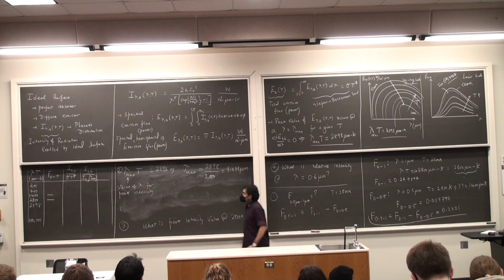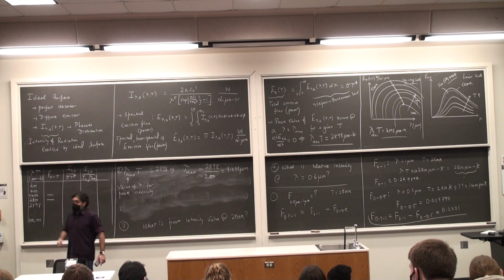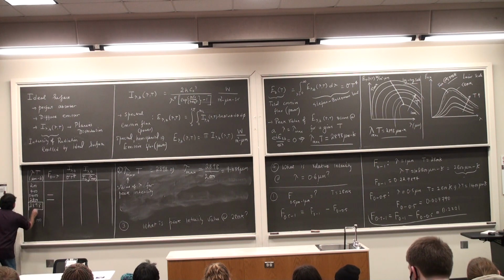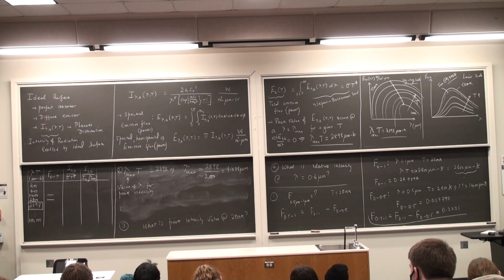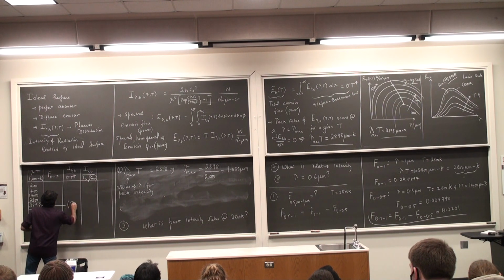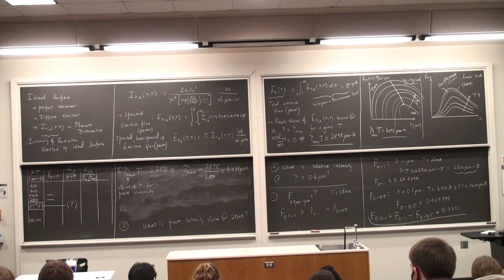Or you go to the tables and you see, okay, I need to find out I lambda comma B at lambda max. So this value is already denoted in the tables. So I go to that, figure out what this entry here is. Does this make sense to everybody?